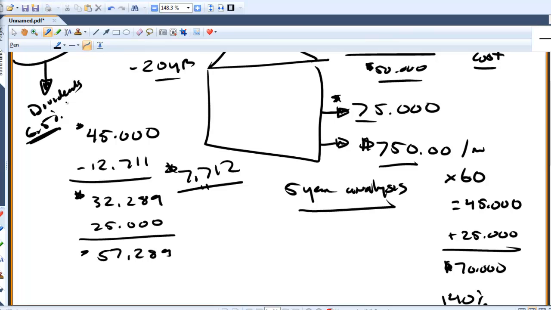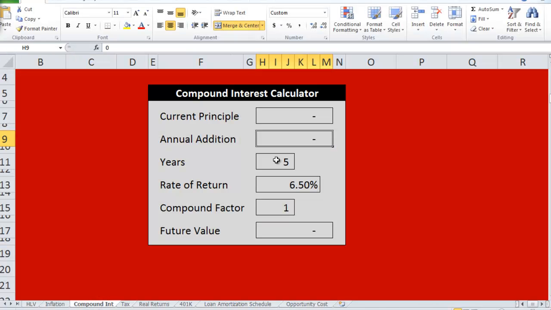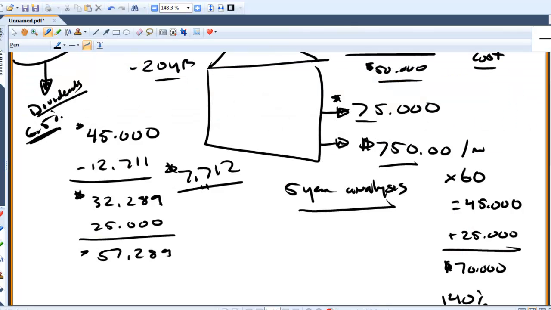However, you have to remember that the $50,000 inside of your cash value is still earning 6.5% every single year, compounded. So if we do a very simple compound interest calculation on $50,000 over 5 years at 6.5%, you're going to earn $18,504.